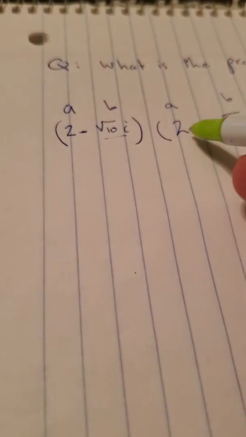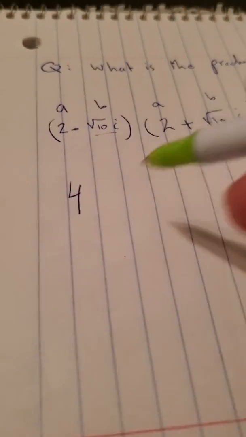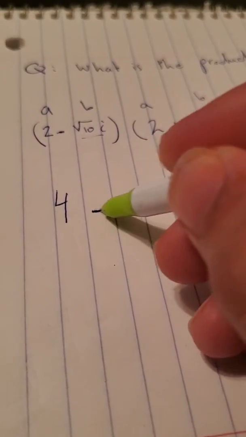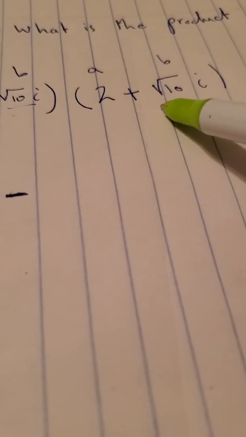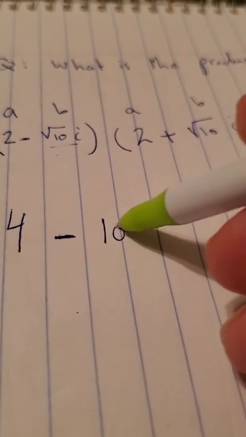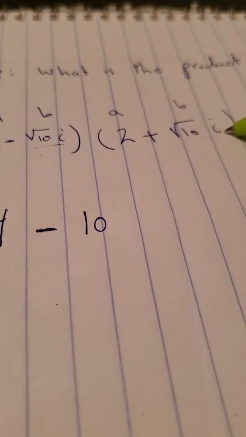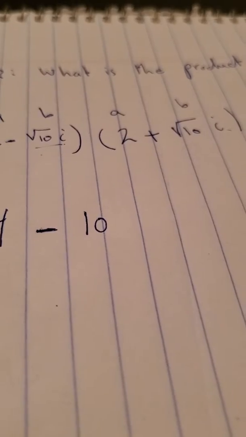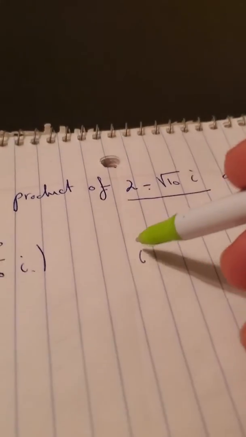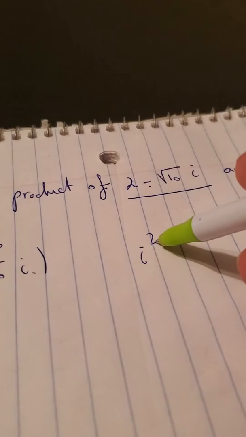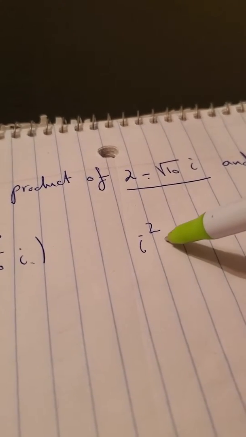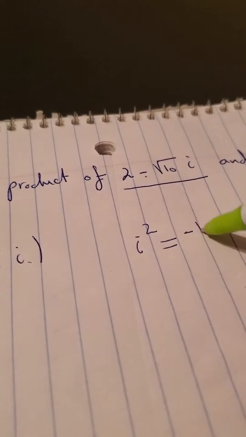So 2 multiplied by 2 is 4, minus, all right, the square root of 10 multiplied by the square root of 10 is what? Is 10. That's right. And then I multiplied by i is what? i multiplied by i is i squared. And we said in previous videos that i squared is equivalent to minus 1.